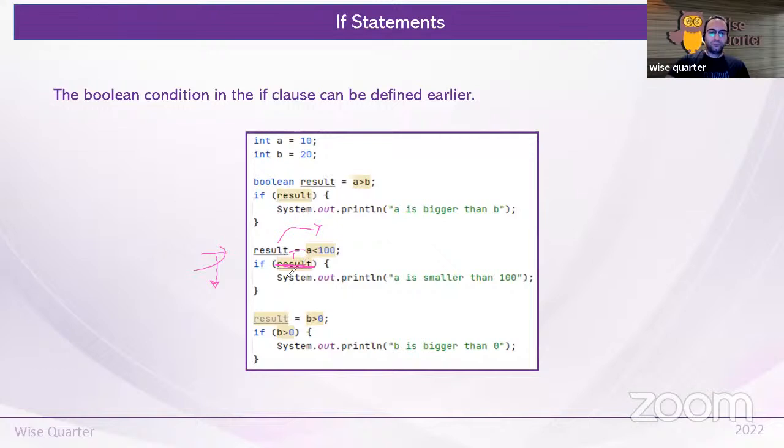So if true, this code will be executed. It is the same for this one too. B is higher than 0, so the result will be true. But here, the developer did not use the result. He or she wrote it exactly as a statement. B is higher than 0. It is true, so it will write this.